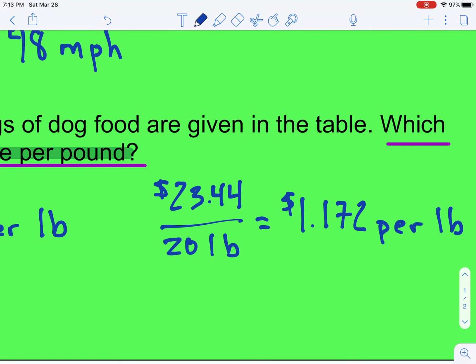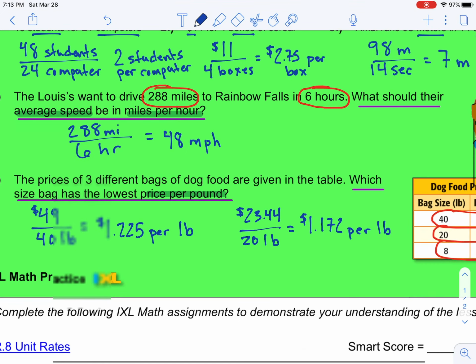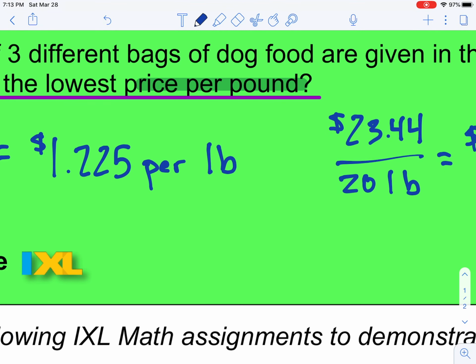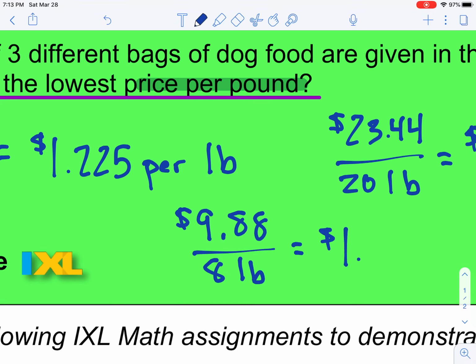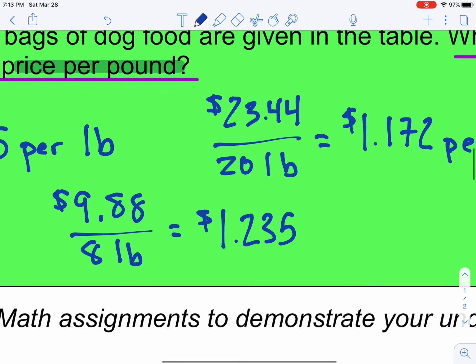So that one's a little cheaper than the bigger bag. Now we still have one more bag that we need to check just in case, and that one costs $9.88, and that's an 8-pound bag. So I'm going to do 9.88 divided by 8, and I'm going to get 1.235, so about $1.24 per pound.